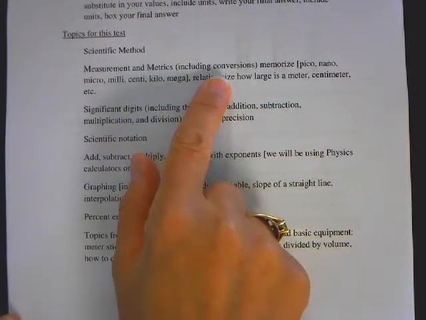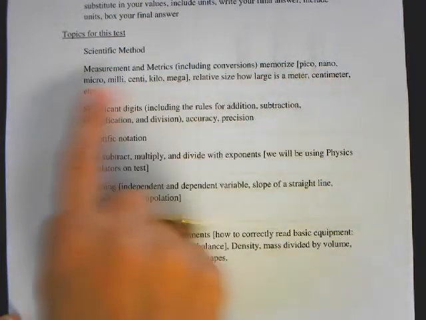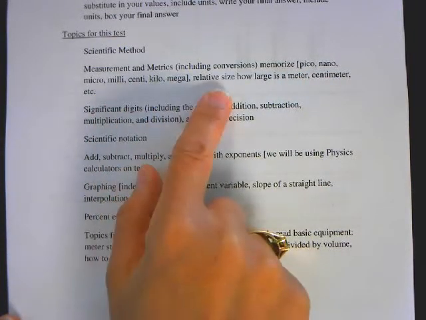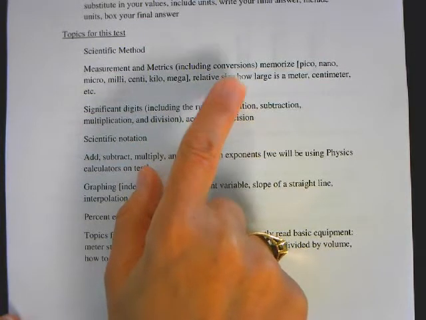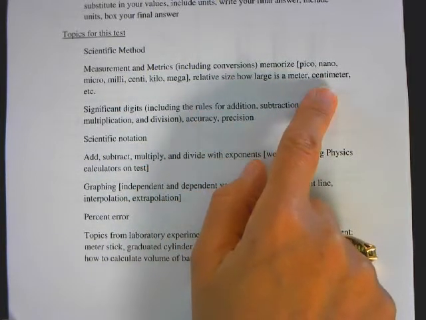So we did conversions. And these are the ones you will have to memorize for the first test: pico, nano, micro, milli, centi, kilo, and mega. You need to know relative size. So what do I mean by that? We already did 2 labs. When we did the labs, did you use a meter stick to measure in centimeters? Did you also see on the meter stick millimeters?